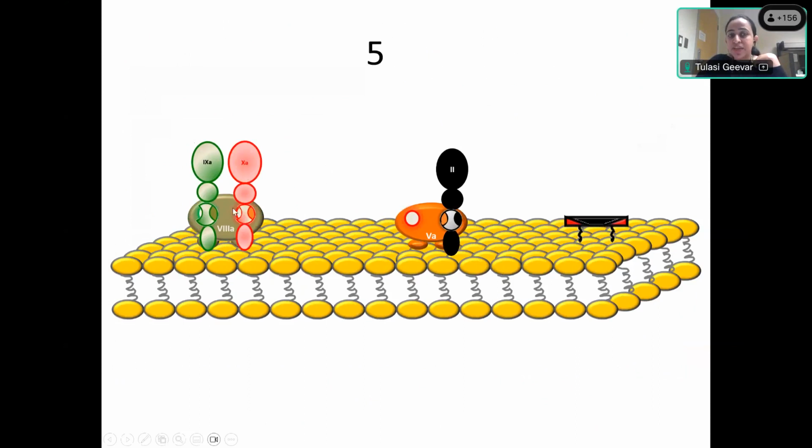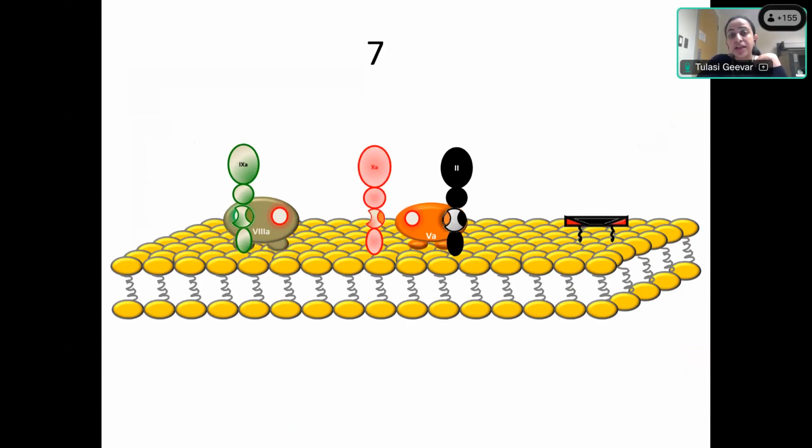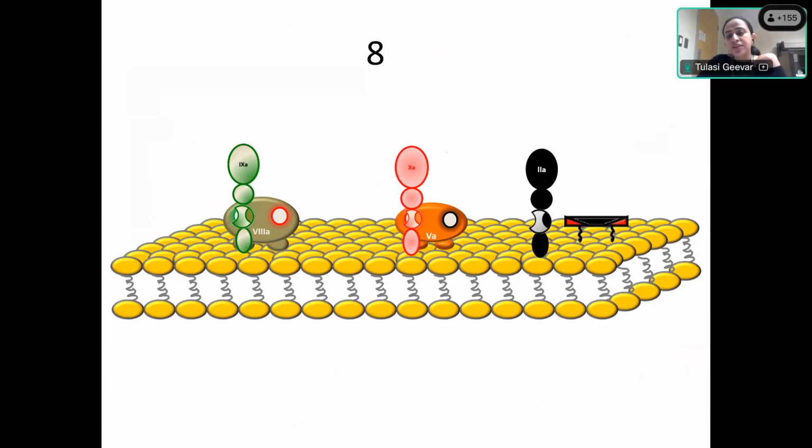A small peptide is removed from the 10 and then 10A gets activated. It loses its affinity for factor 8 and gets attracted to the factor 5. And again this leads to the formation of the prothrombinase complex, leading to activation of prothrombin to form thrombin. Thrombin in turn converts fibrinogen to form fibrin.